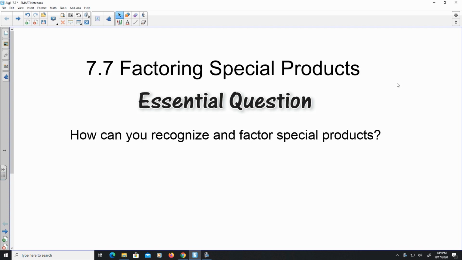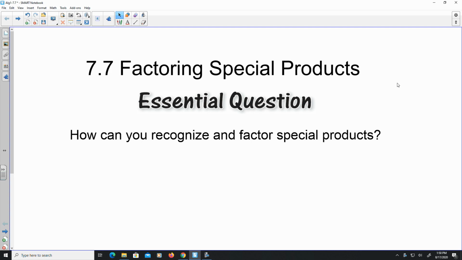Today we're looking at section 7.7 where we are going to be factoring special products. So it says, how can you recognize and factor special products?